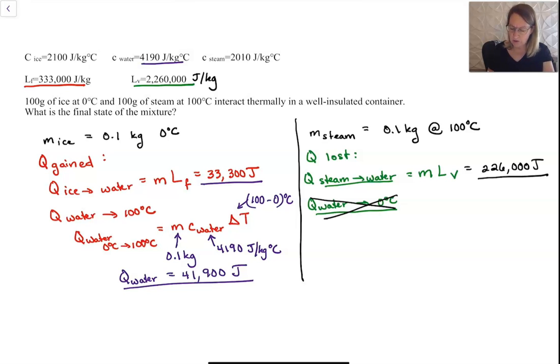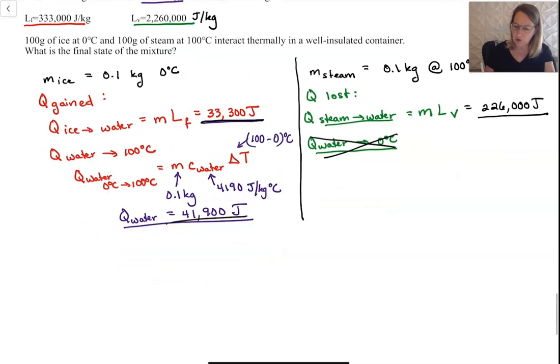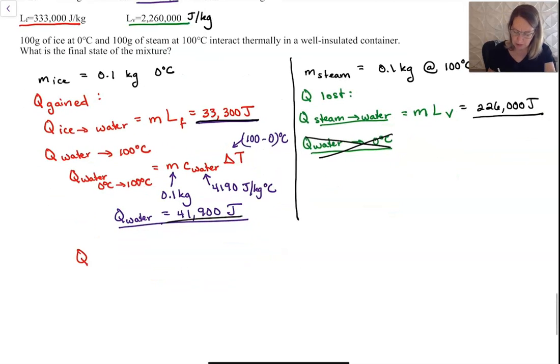And now we can see we don't need to make this calculation because this heat that gets lost is bigger than these two heats together. In other words, the total heat over here, Q total, is this 33 plus this 41, which is 75,200 joules. And we have available the possibility of 226,000 joules.